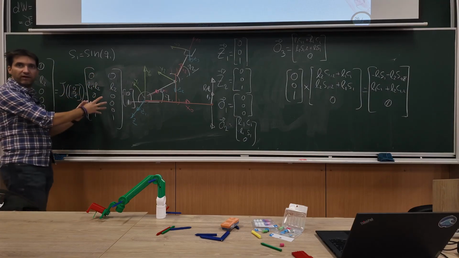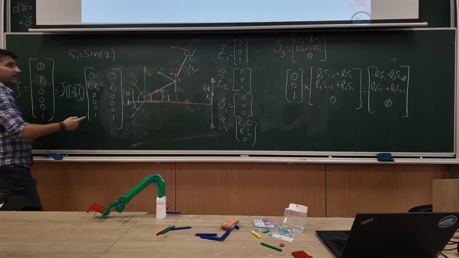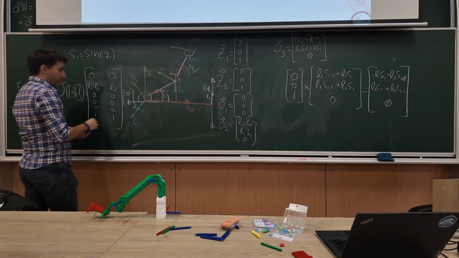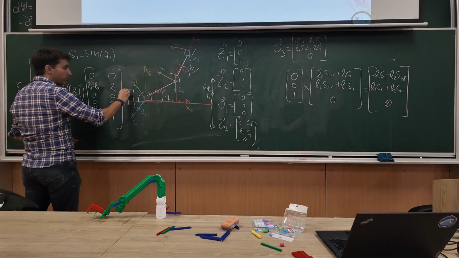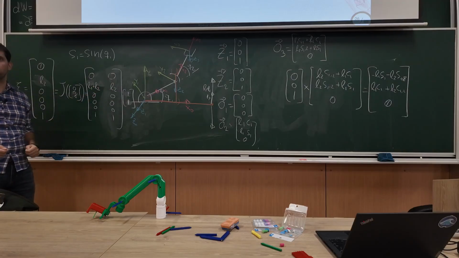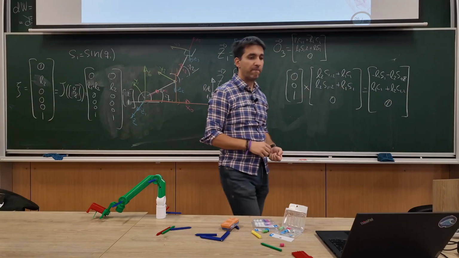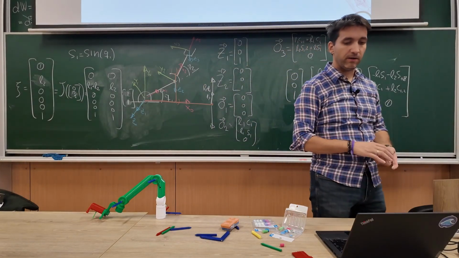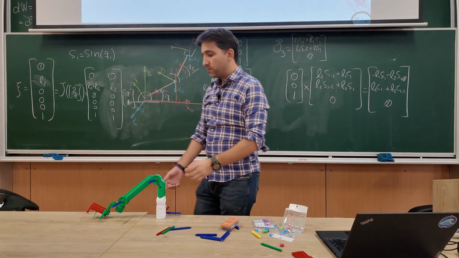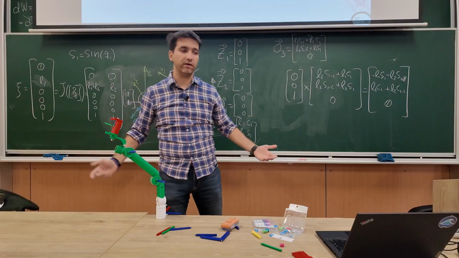I would end up with different values here, but I would still be able to calculate what the end effector velocity is when Q1 is moving, when Q2 is moving, or obviously when both of them are moving, with whatever values I want to put here. That's how I use the Jacobian. Right? So for any joint configuration and for any input joint velocities, I can calculate the end effector velocity.